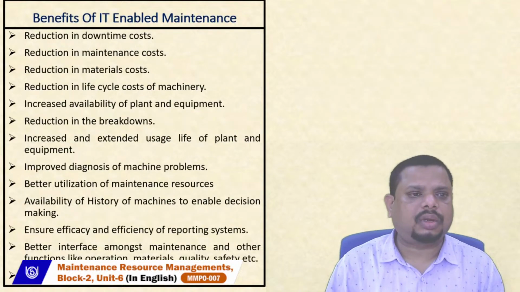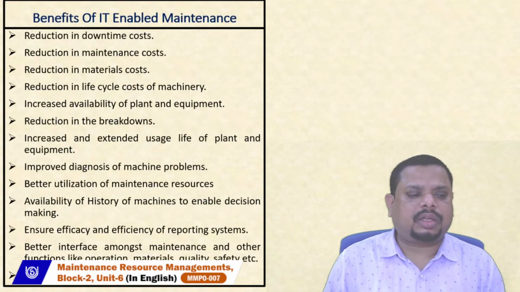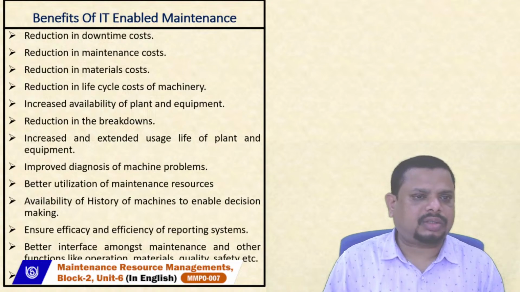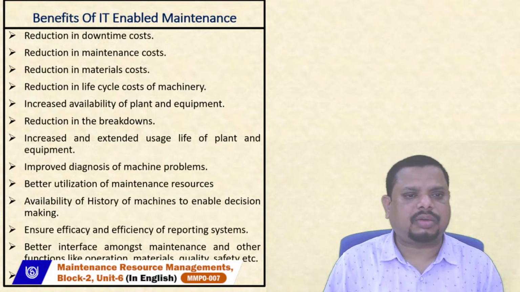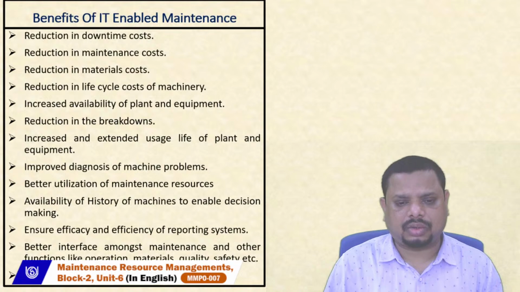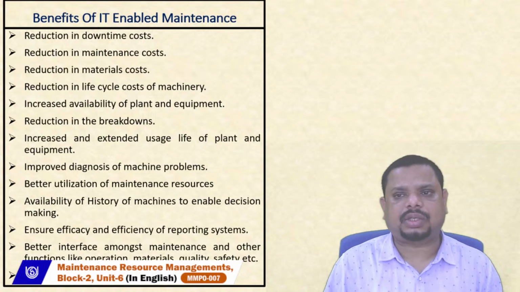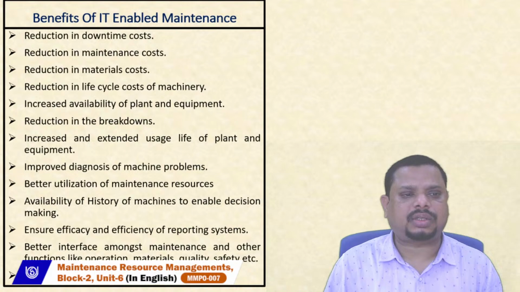Moving to the next one, let's understand what benefits we have. The first benefit is reduction of downtime cost. As you know, the most important objective of maintenance is to reduce cost. So first, the downtime cost is reduced. The second is reduction in maintenance cost. The third is reduction in material cost.